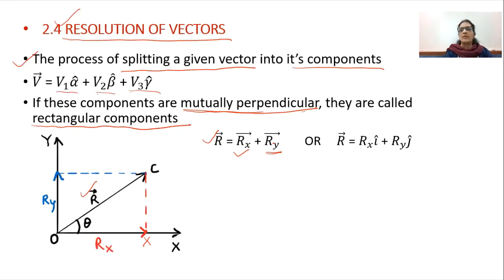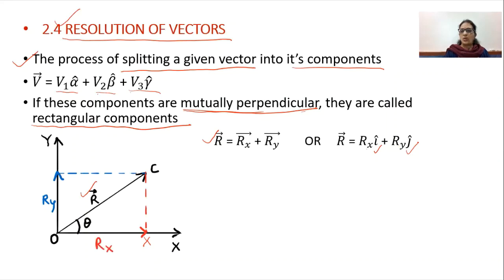Or अजून कोणत्या पद्धतीने आपण लिहू शकतो की जर मॅग्निट्यूडच्या रूपात लिहायचं असेल, Rx ही मॅग्निट्यूड आहे हे जर मला दाखवायचं असेल तर मी कसं लिहीन? तर Rx मॅग्निट्यूड आहे, मग डायरेक्शन दाखवण्यासाठी एक्स ऍक्सिस चा युनिट वेक्टर कोणत्या लेटरनी दाखवला जातो? तर i cap. So Rx is the magnitude and i cap shows the direction of x axis, that is unit vector, and Ry into j cap. j cap is unit vector along y axis.